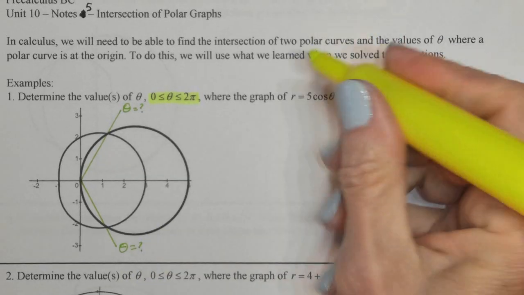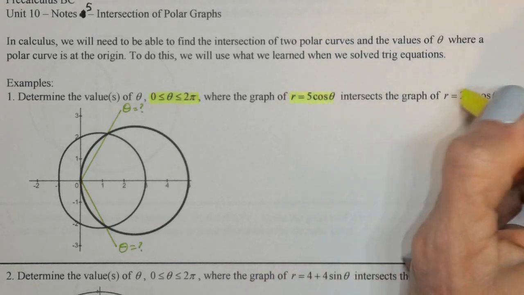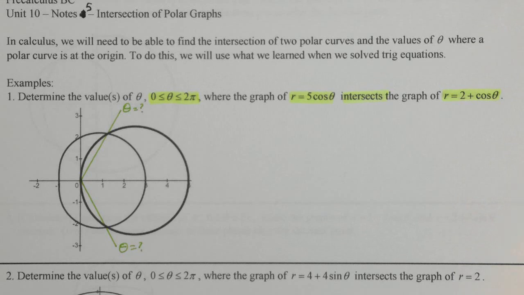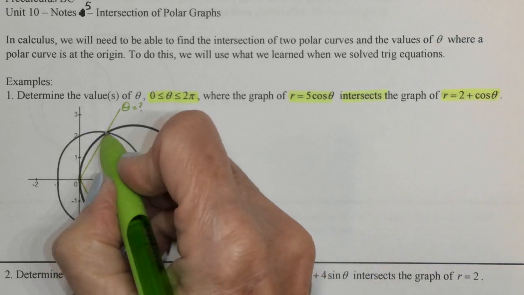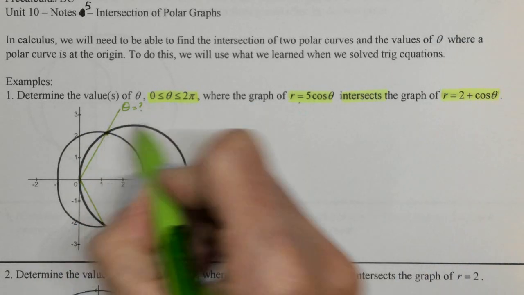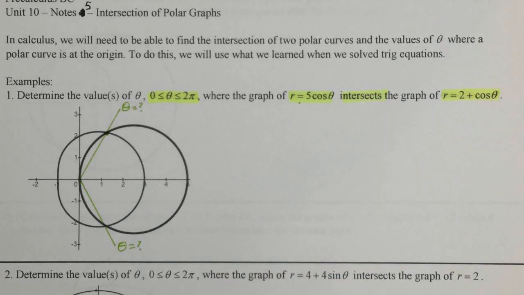All right, in this first example, we want to find the intersection of these two curves, and they intersect where their r values are equal. Right here, the r value of this curve is equal to the r value of that curve, so we're going to find out where those two r values are equal.